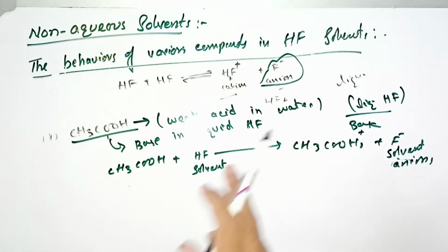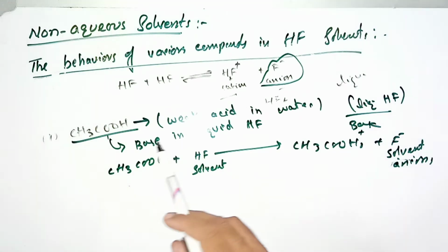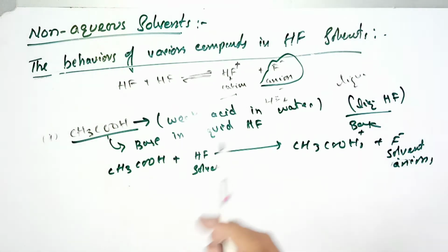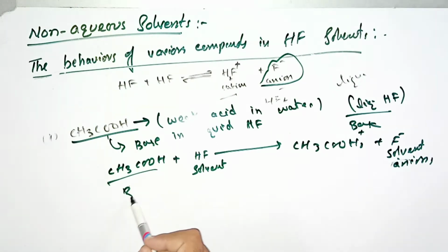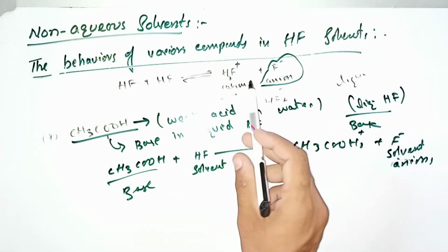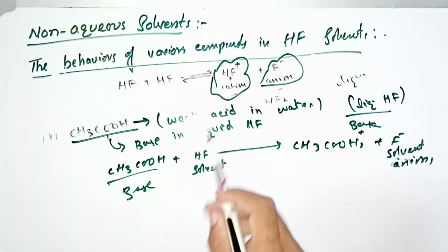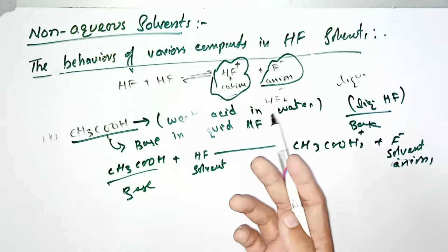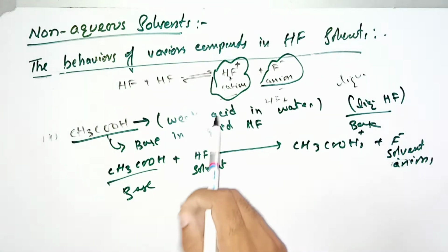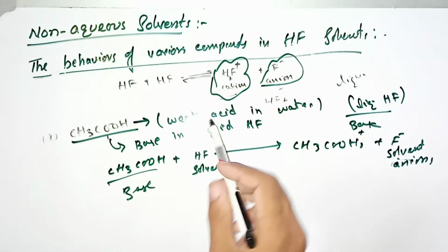According to the solvent concept of acids and bases, all those substances that give the anion of the solvent are considered bases, while all those substances that furnish the cation of the solvent, like H2F plus here, produced by the auto-ionization process, are called acids.